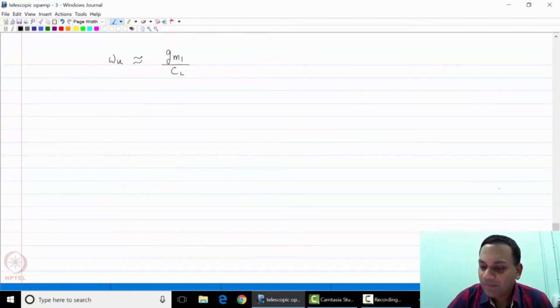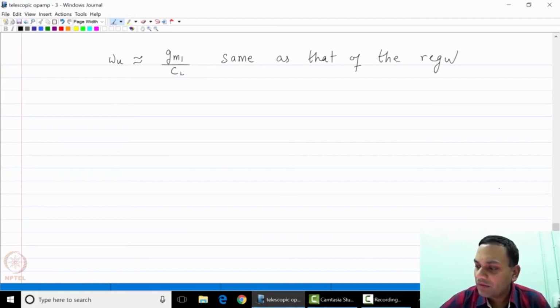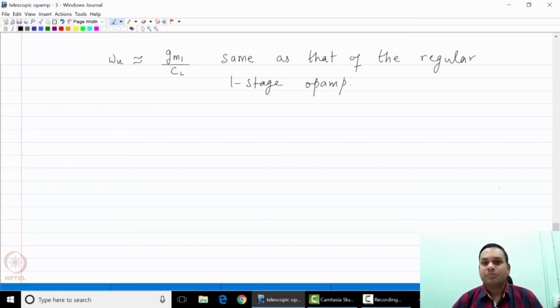Now, as you can see, this unity gain frequency is the same as that of the regular one-stage op-amp. In that sense, a telescopic op-amp from a frequency response point of view is not that different.